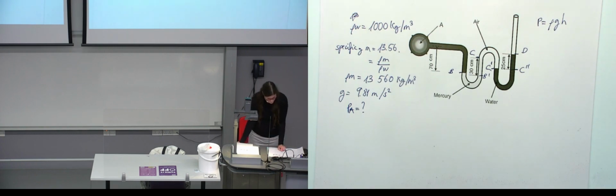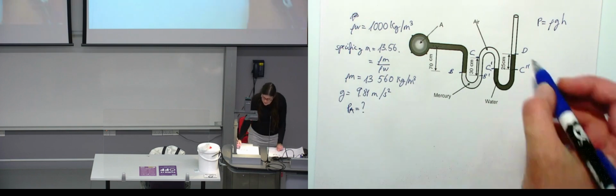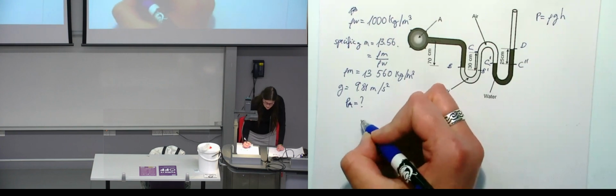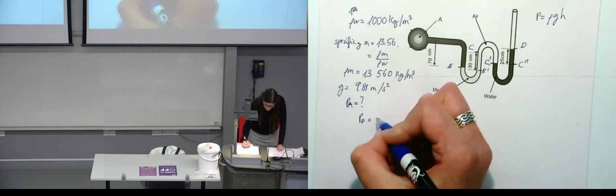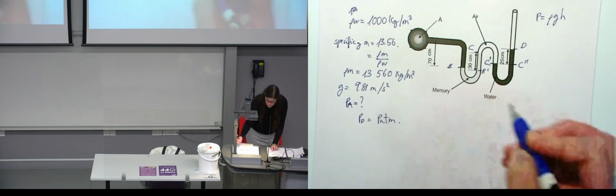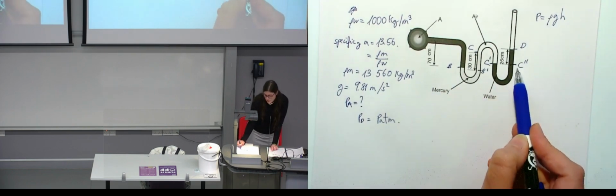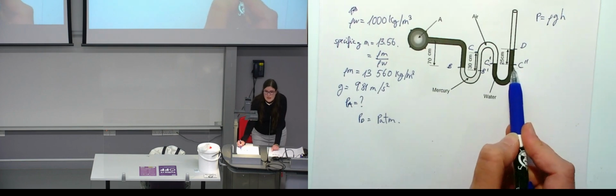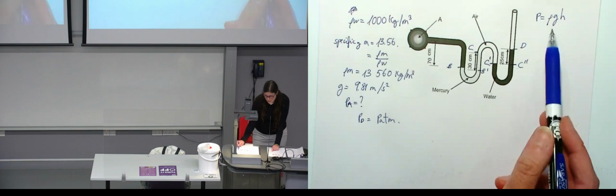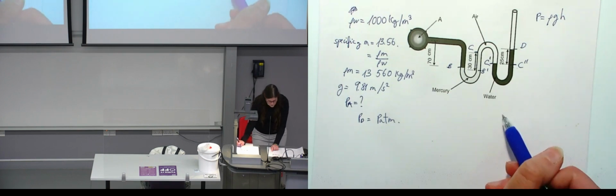The first step: the pressure here is the atmospheric pressure, the pressure in D, so PD is P atmospheric. Then we can follow the columns to see at each point what is on top of that point, and use the formula to calculate the pressure.